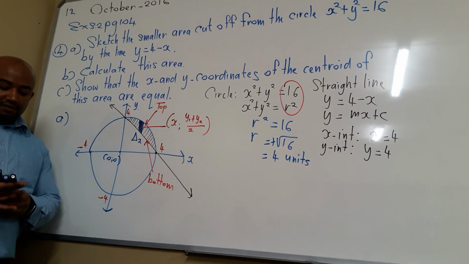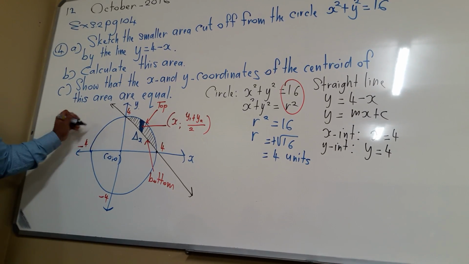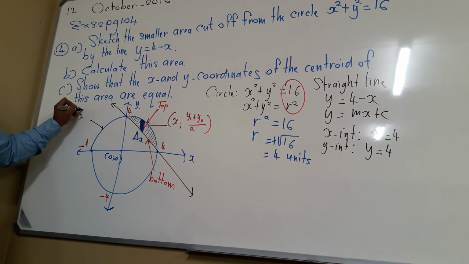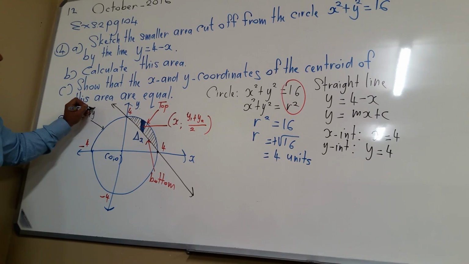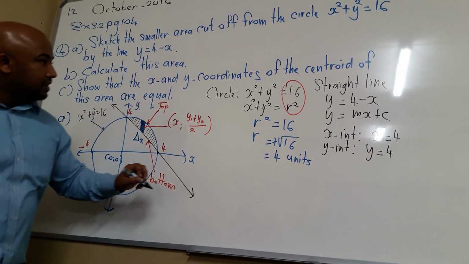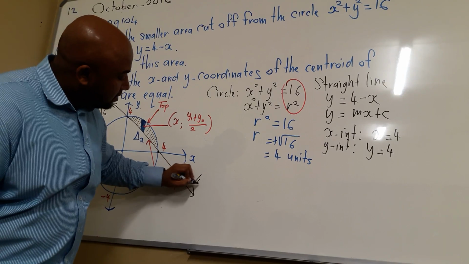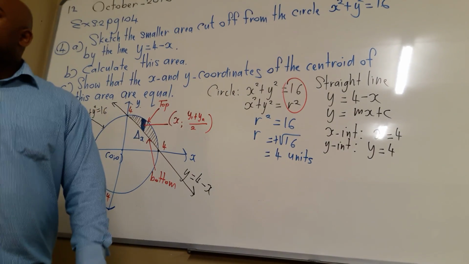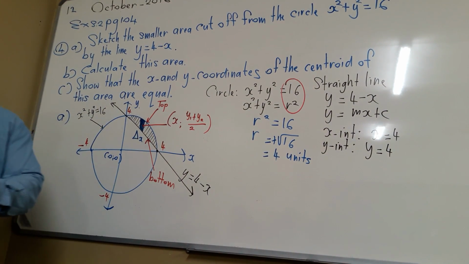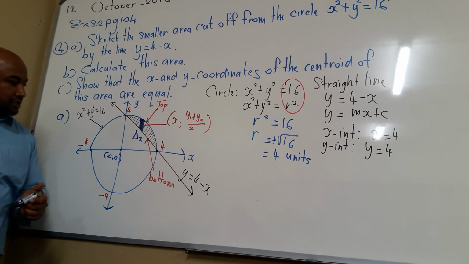Let's label our graphs. The circle was x squared plus y squared is equal to 16. Your straight line is y is equal to 4 minus x. So now we need to call one graph y1, the other graph will be y2.